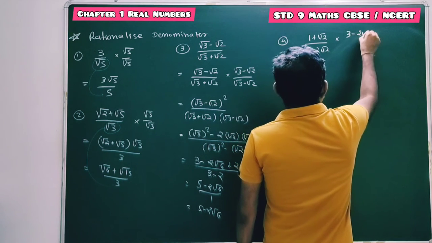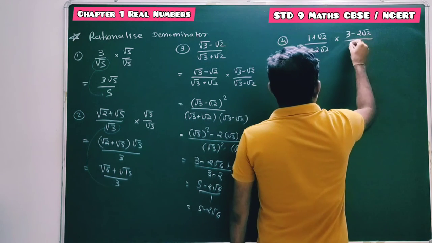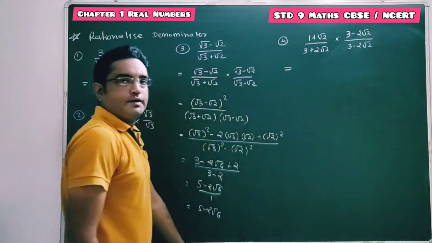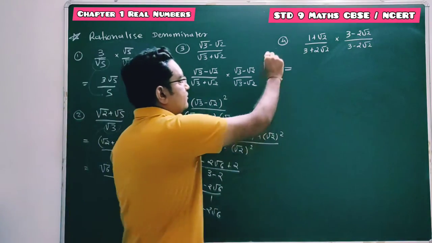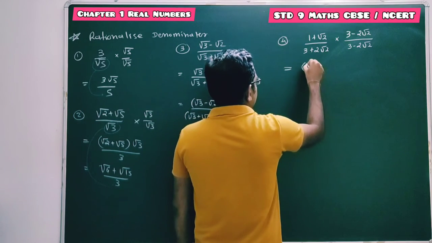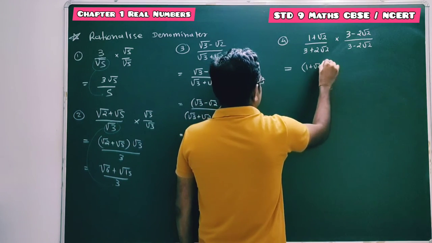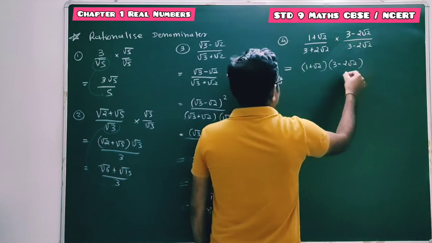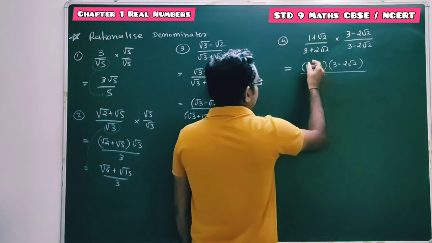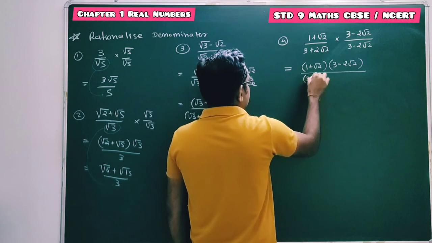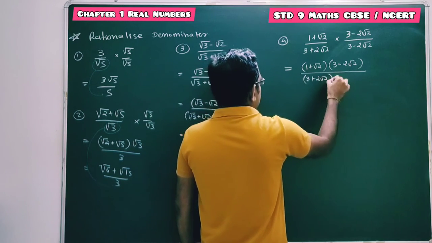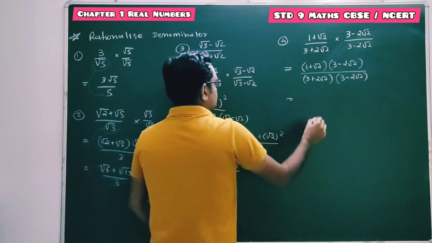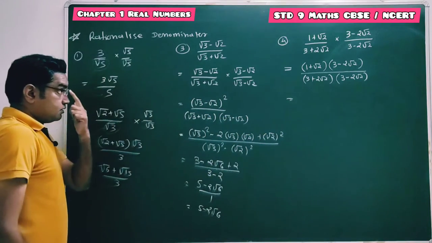It's 3 minus 2 root 2 divided by 3 minus 2 root 2. Clear? Now expansion. So the numerator is 1 plus root 2 times 3 minus 2 root 2, divided by the denominator 3 plus 2 root 2 times 3 minus 2 root 2. So what is the expansion?